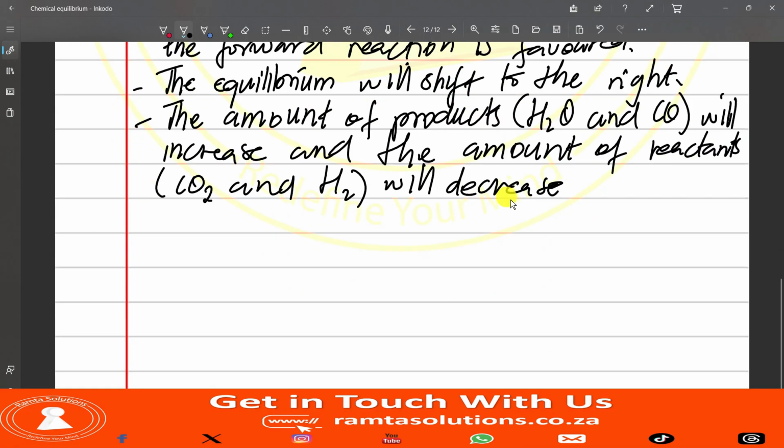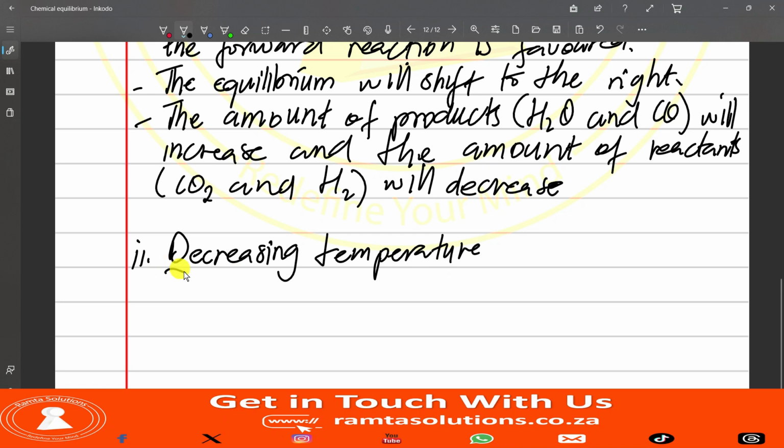Okay, now let's go check the second one, which is decreasing temperature. Remember, decreasing temperature favors the exothermic reaction, right? All right, we are looking at decreasing temperature, right? So what happens?